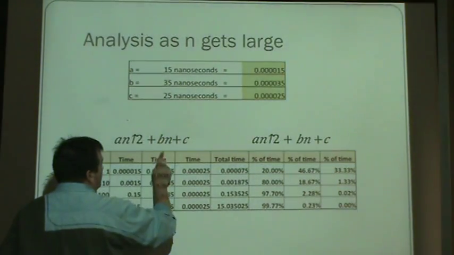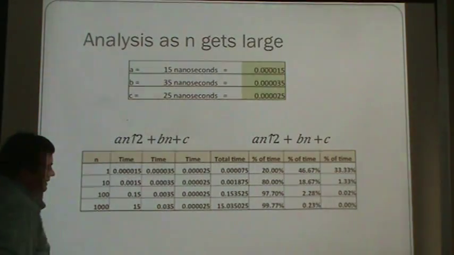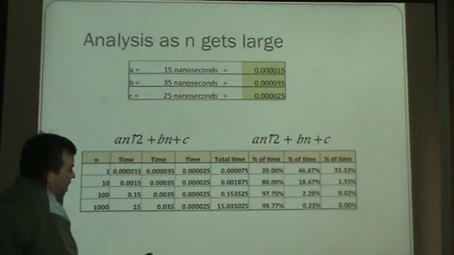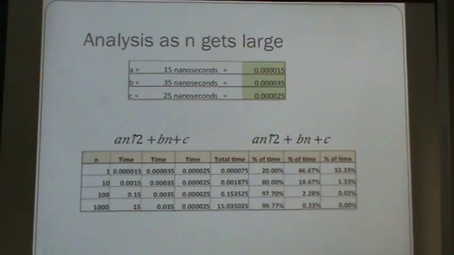And then we take b, which is 35 nanoseconds, multiply that by 1,000. So we're going to spend 0.035 seconds in the for loop section. And then we're still going to spend 0.00025 seconds on the steps that only run one time per algorithm.